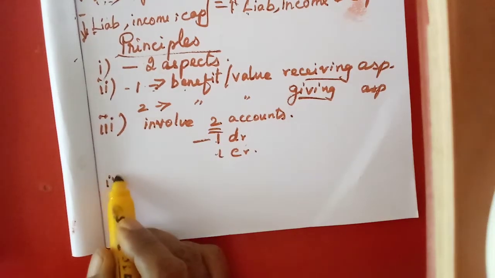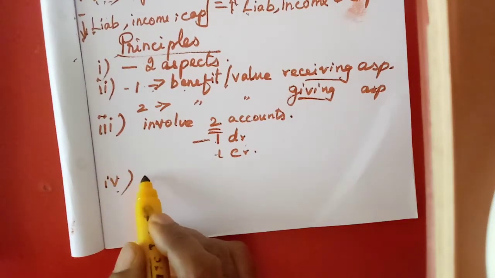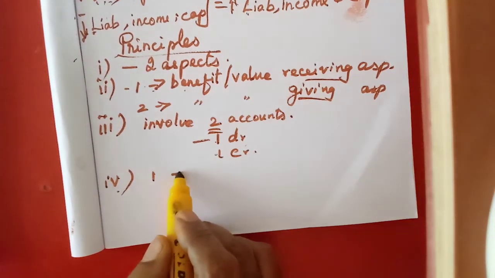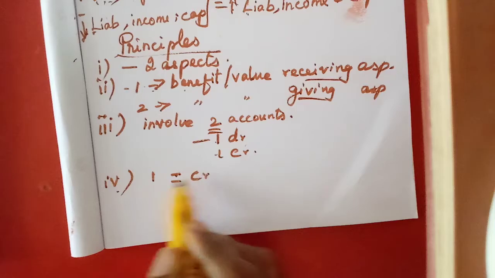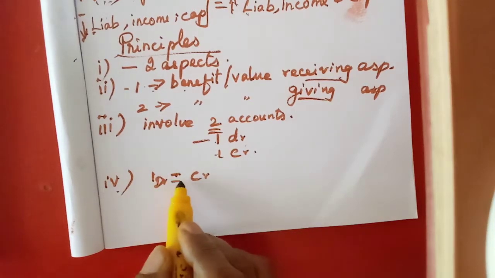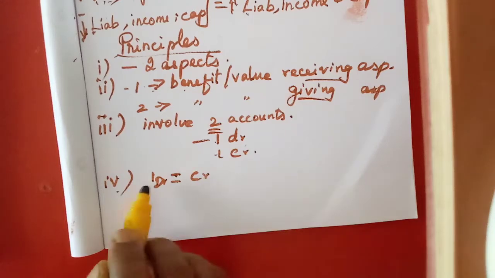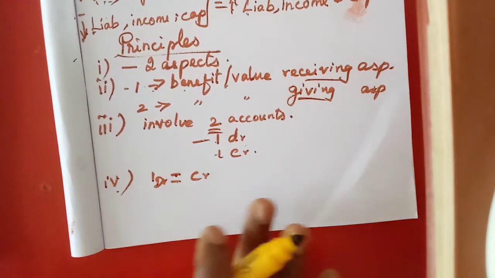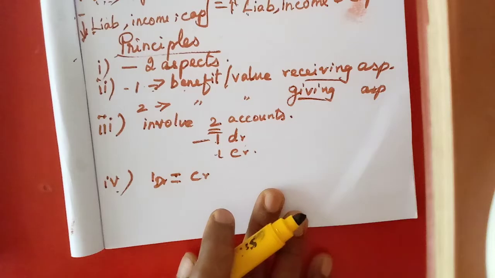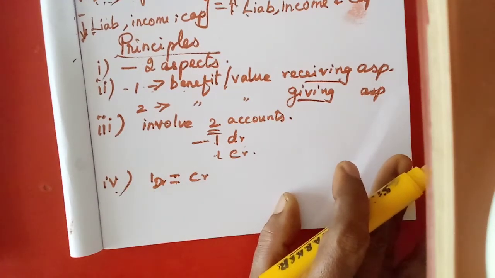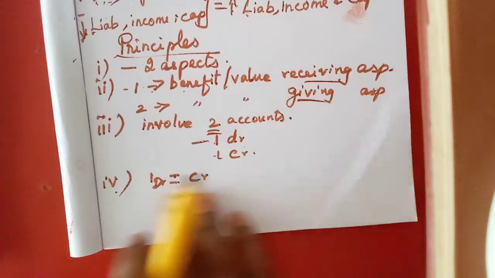And for every debit, there must be a corresponding and equivalent credit. So that means if one is debited, the other must be credited. Only one entry may not be there. The journal entry means there will be one debit and another one will be credit. Understood now the principles.